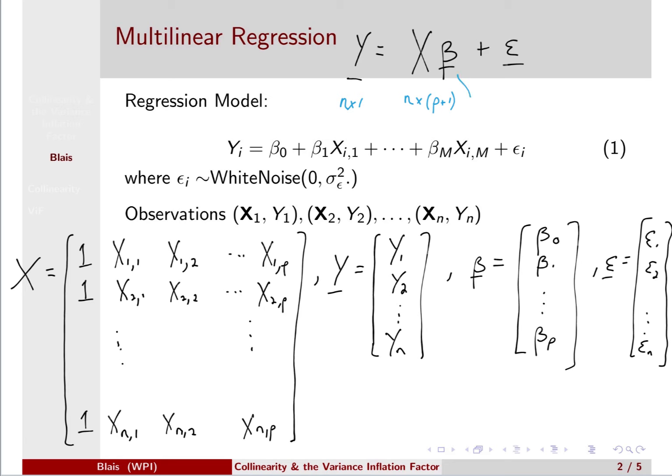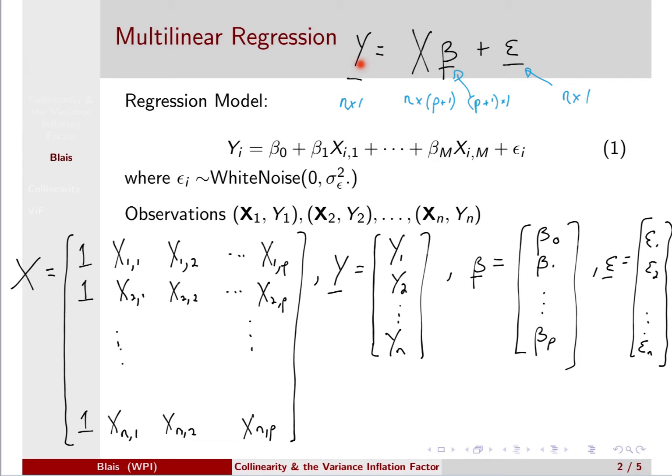Beta is a p plus 1 by 1 vector, and epsilon is an n by 1 vector. And so we see this matrix vector multiplication results in an n by 1 vector. So we have an n by 1 equals an n by 1 plus an n by 1. So this makes sense. And we can see this ith equation coming out of this expression.